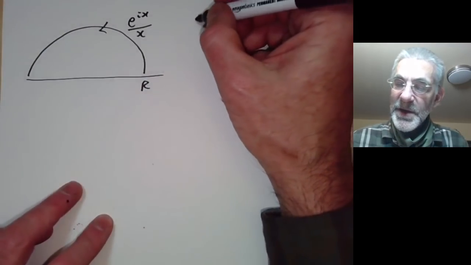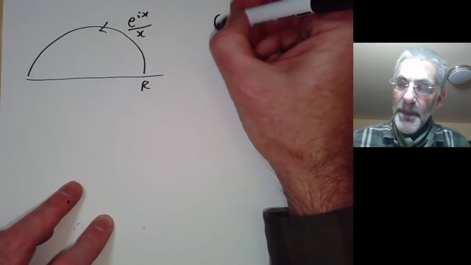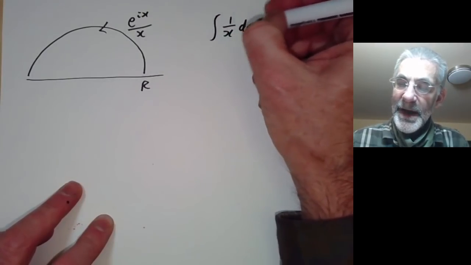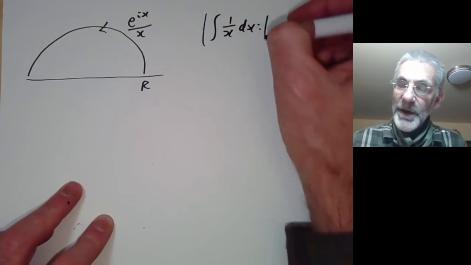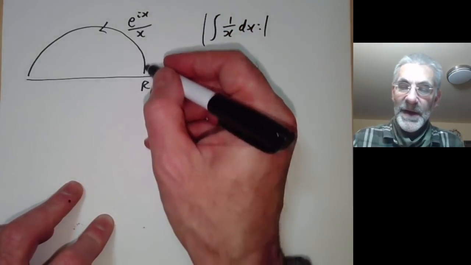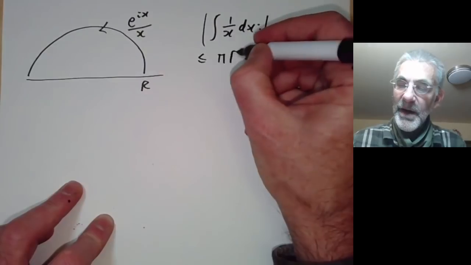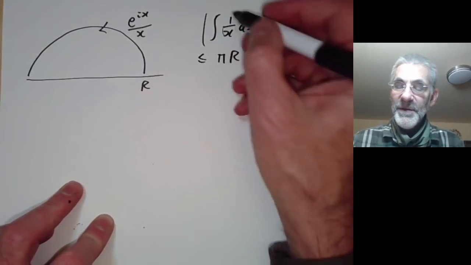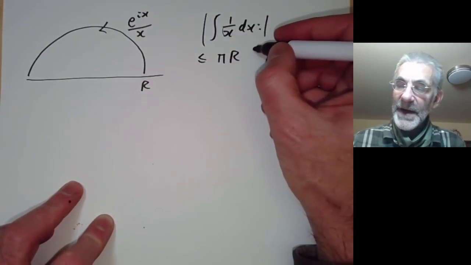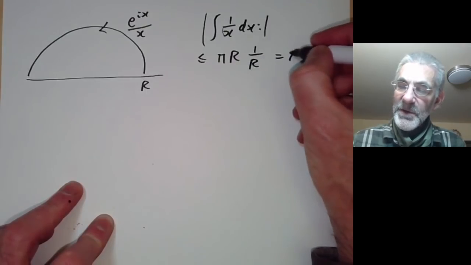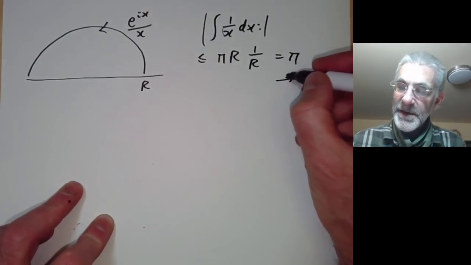If we just integrate 1 over x dx over this semicircle, we can bound that by saying it's less than or equal to the length of the semicircle, which is pi R, times the maximum of the absolute value of 1 over x, which is 1 over R, which is equal to pi, and this does not tend to 0.